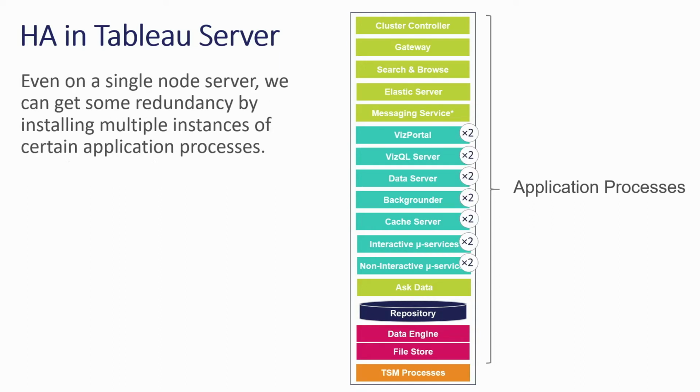So you can add, I'm just putting the number 2 here, but you can add 4 backgrounders or 2 VizPortals and so on to configure it the way that you want to take advantage of the resources of that machine. So at this point, we've got our machine set up, and we've got the processes that are able to be doubled up, more highly available than they were, and that gives us a start on HA.